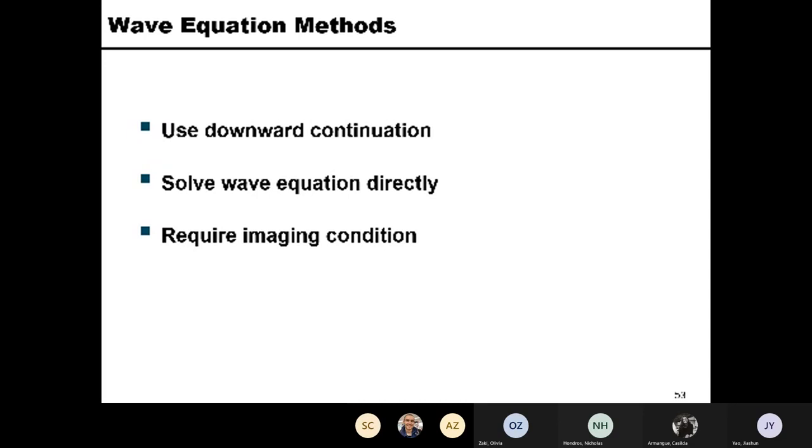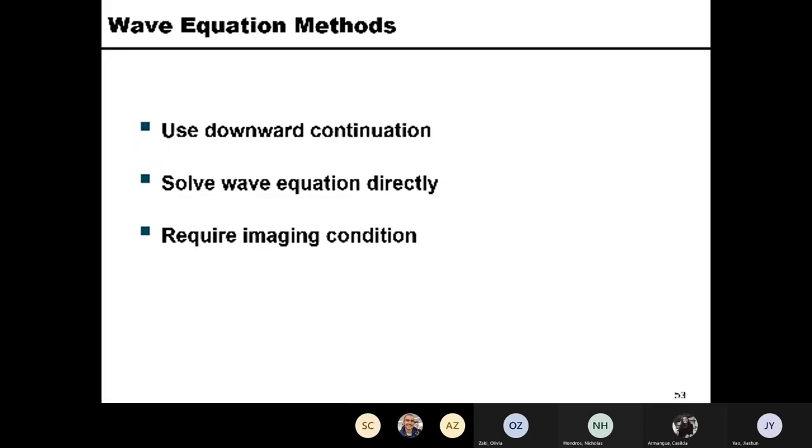So how do you transfer your data acquired from the airborne to data on the surface? That's called downward continuation. Numerically, you assume your aircraft flies not in the sky, but on the surface. So the same principle is used here for migration.